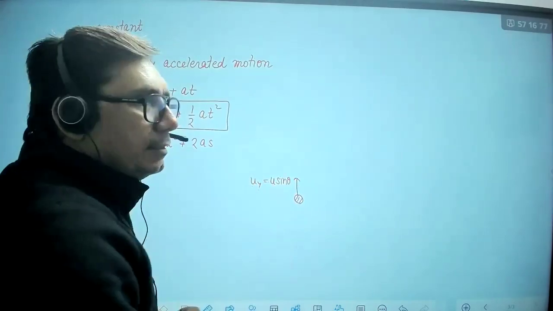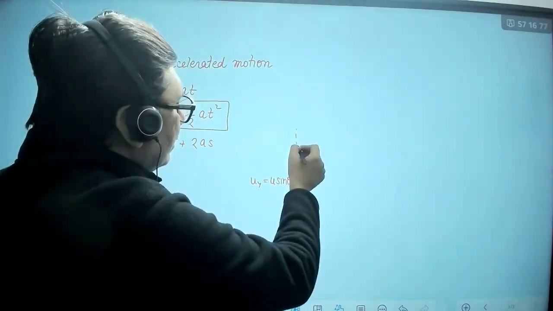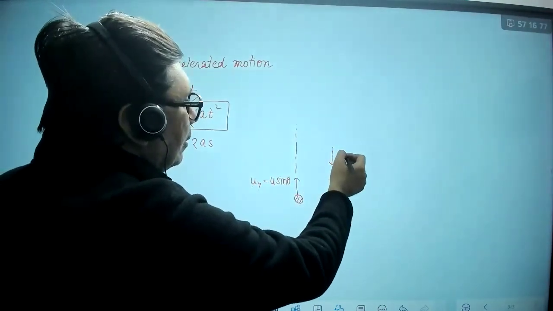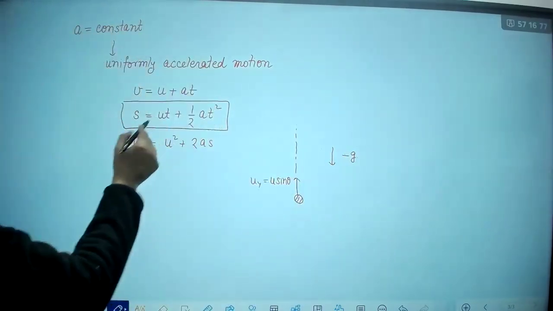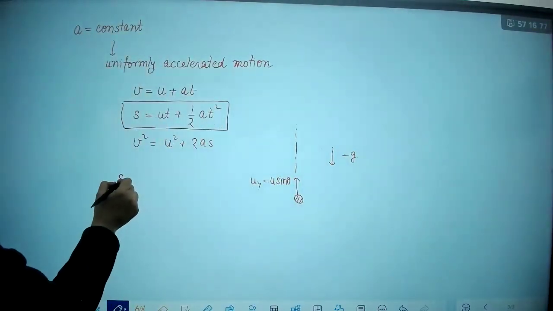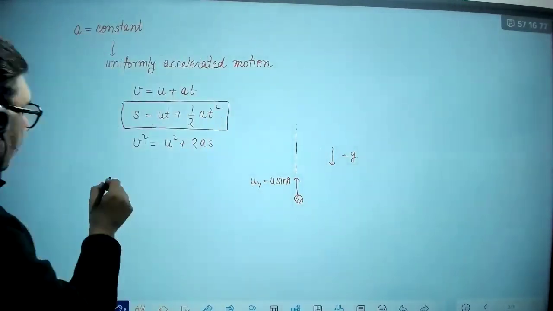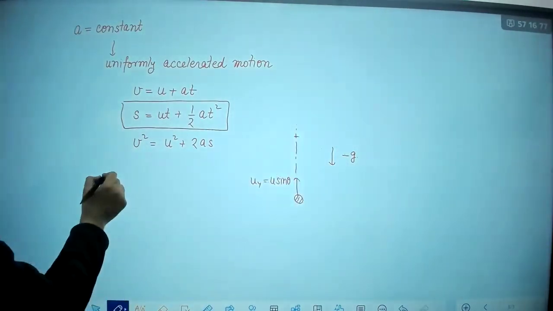Acceleration throughout its journey is in the downward direction, so I'm taking it as minus g here. So what will be s, or you can say y, the distance traveled by this particle at any time t?